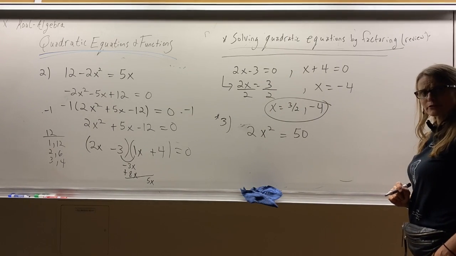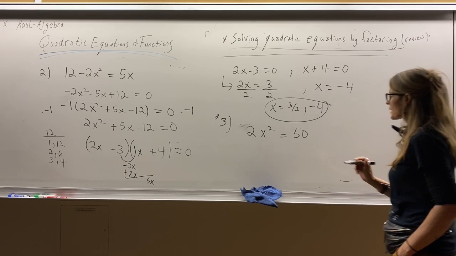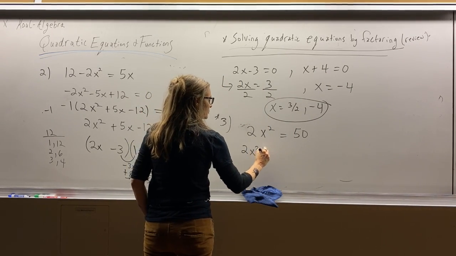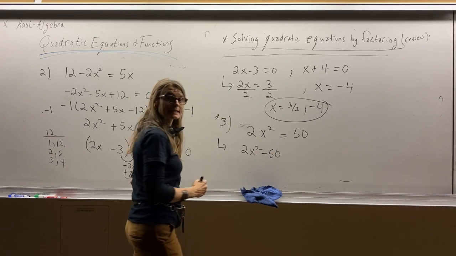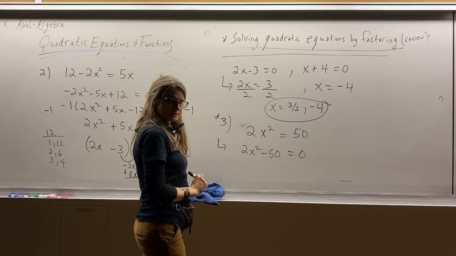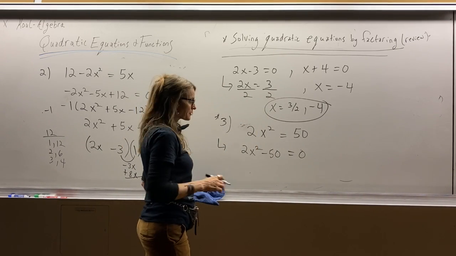If we're going to solve this by factoring, what I would typically do is bring everything over to one side, 0 on the other, and divide out by 2. I could just go ahead and divide straight out, or I could factor out the 2.